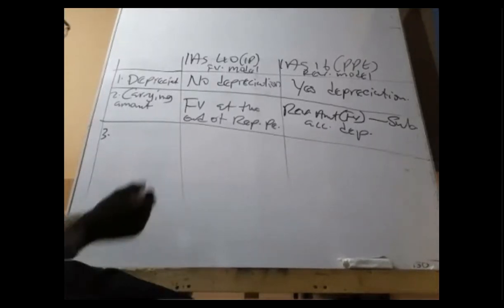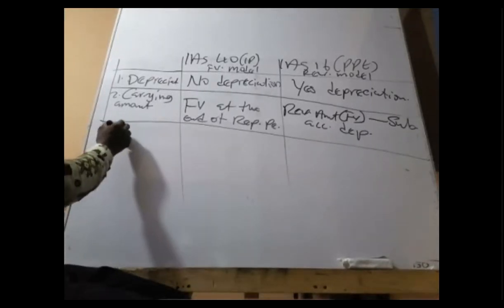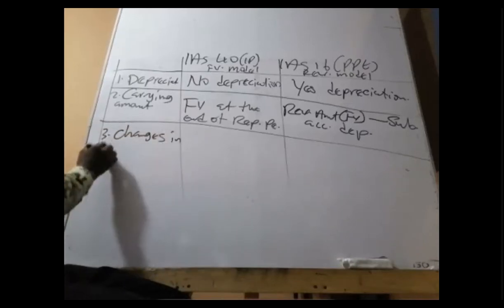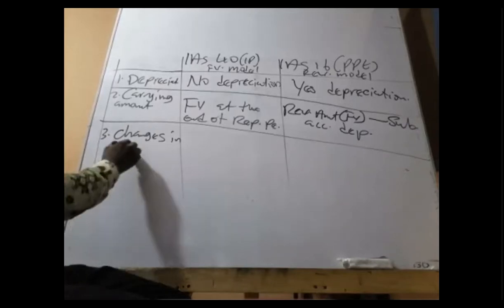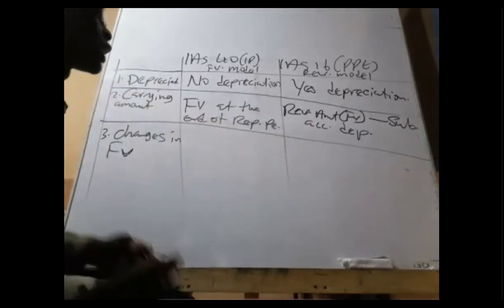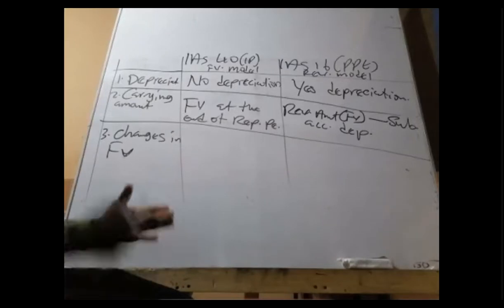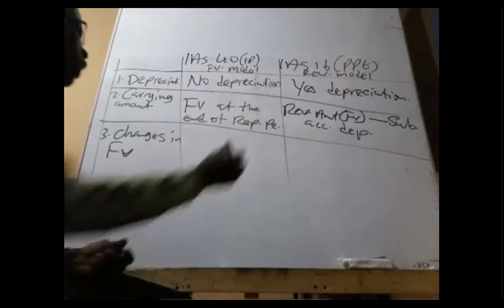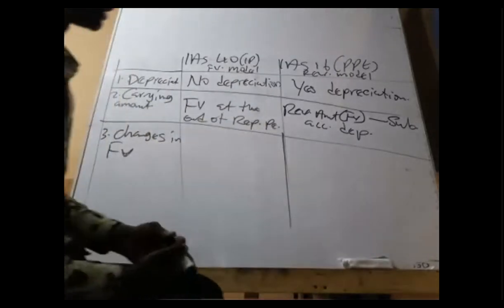Okay, so number 3, changes in the fair value. Where do you report it? Let's go to the revaluation model first. Revaluation gain, where do you record it? That's the changes in the fair value. If it's a revaluation gain, where do you record it? Revaluation loss, generally.